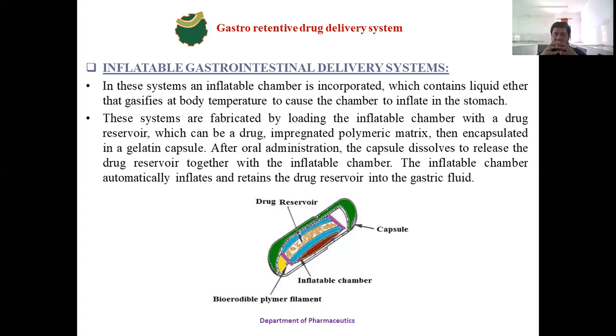The total system enlarges a little because gas is present inside, and it will try to float. Because of that, it will be retained in the stomach for a long period of time, and the drug will be released in a controlled manner. So this is an inflatable system.